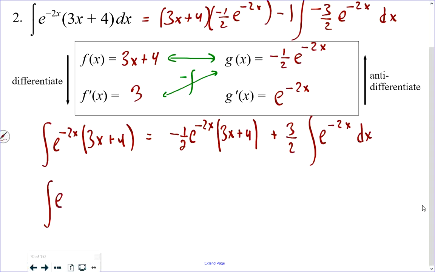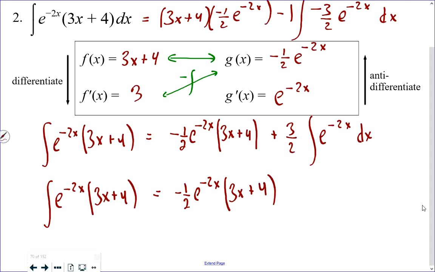Our answer then is the following. The integral of e to the negative 2x dx is negative 1/2 e to the negative 2x. So our final answer is going to be this when I multiply the 3/2 and the negative 1/2 together.